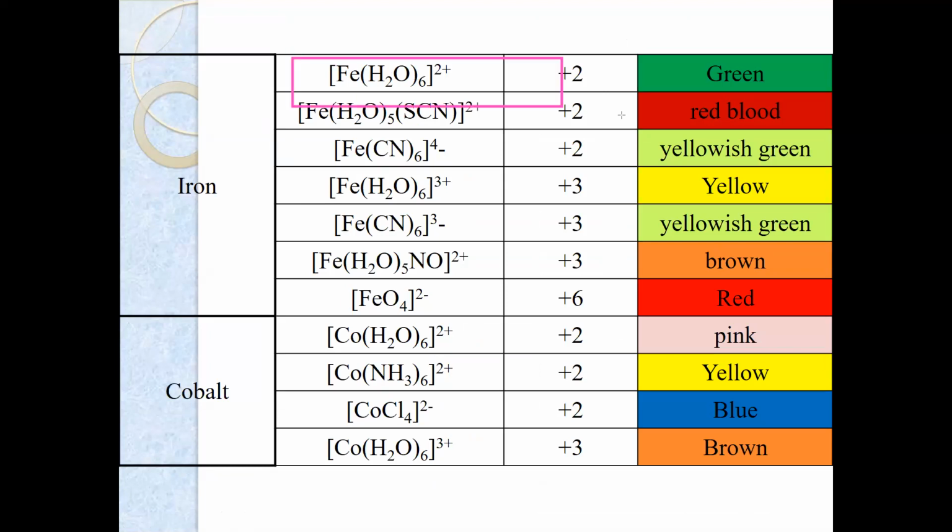One is green, another one is yellow. You can also say [Fe(H2O)6]3+ is brown, never mind. And then another one is [Fe(H2O)5SCN]2+. The oxidation state of this one is +3. I think I already corrected it inside the notes already. This is +3, the blood-red solution.